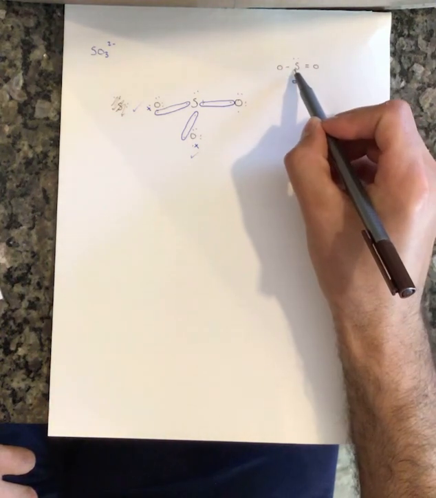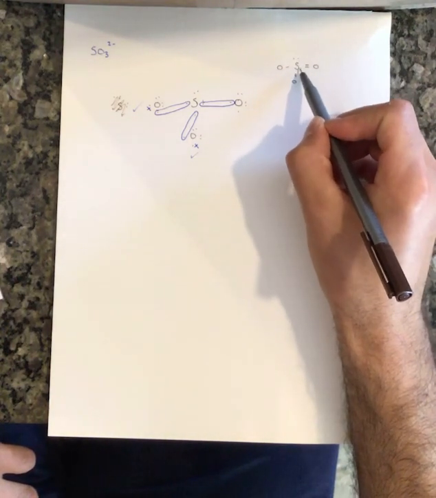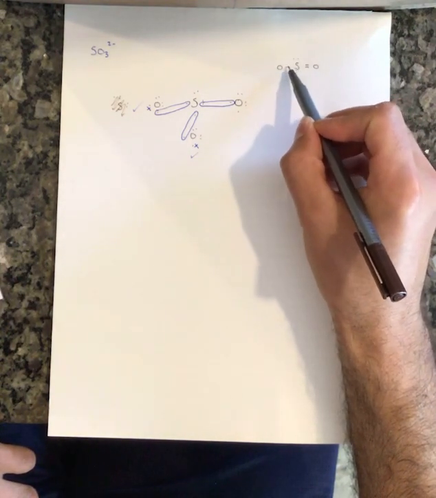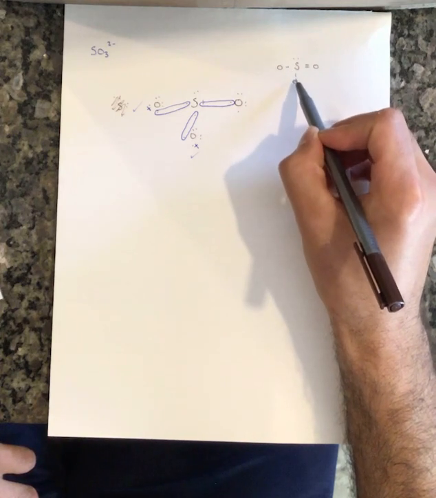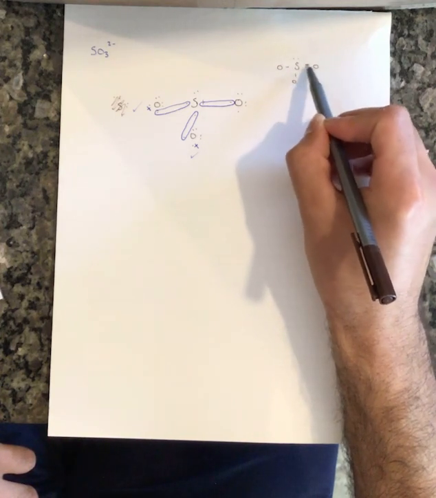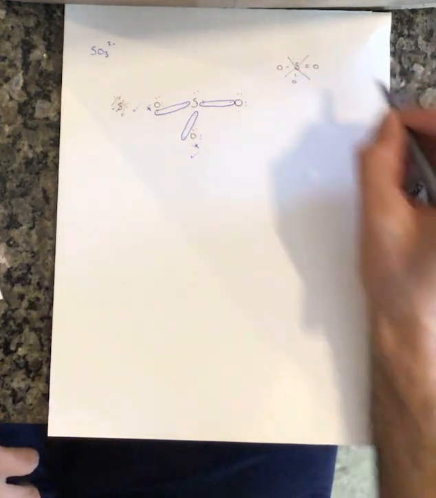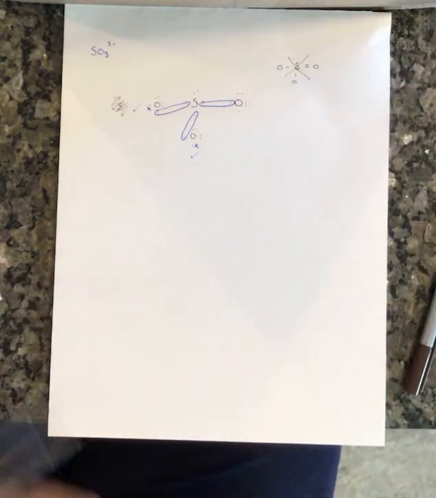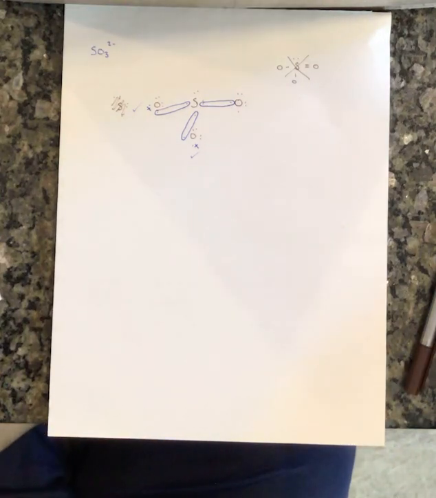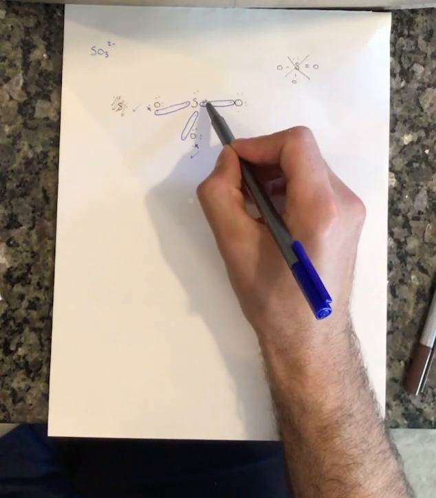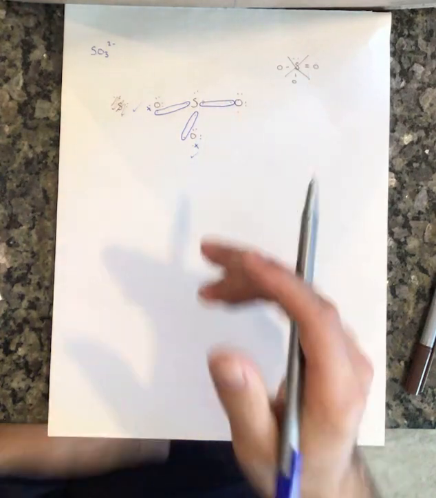Well, the problem is, let's look at sulfur here. Sulfur is going to have 1, 2, 3, 4, 5, 6, 7, 8, 9, 10. It's going to have 10 electrons. That is not correct because we have to stay within 8. So this electron is going to reconfigure itself.